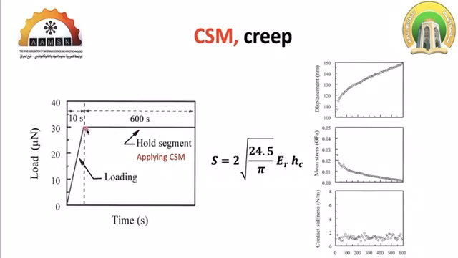During the holding, we can apply constant stiffness measurement, or we can apply an oscillating load in this holding segment. By doing so, we can measure S, hardness, and modulus of elasticity at every single point of time.